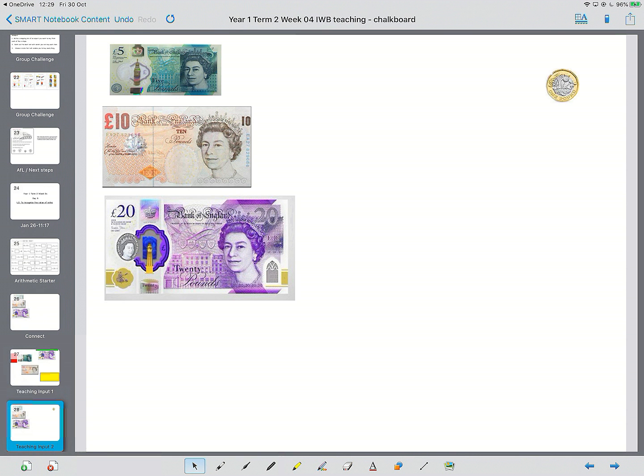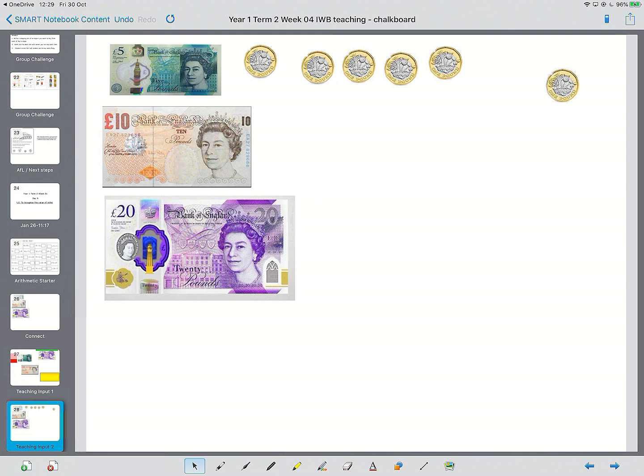So for £5, we would need 5 of these. Count with me. 1, 2, 3, 4, 5. Now, if you've got them physically, would you say that's heavy or light? And would you say that's heavier or lighter than the £5 and a piece of paper?